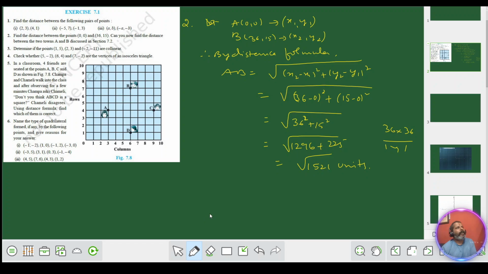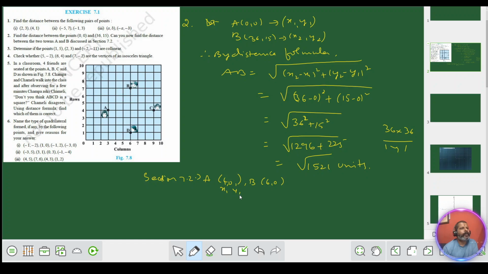Then the other part is find the distance between the two towns. In Section 7.2, if you go and read the textbook, you will have 2 points: A as 4 comma 0, B as 6 comma 0.